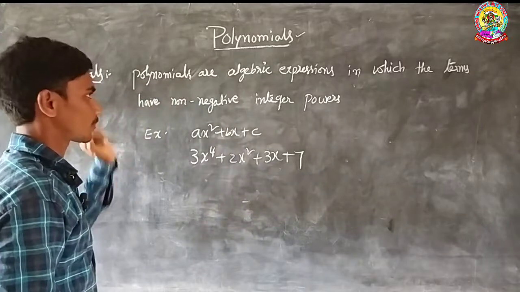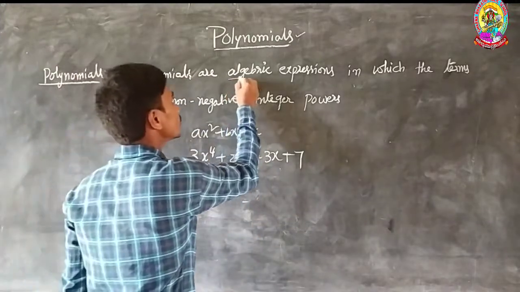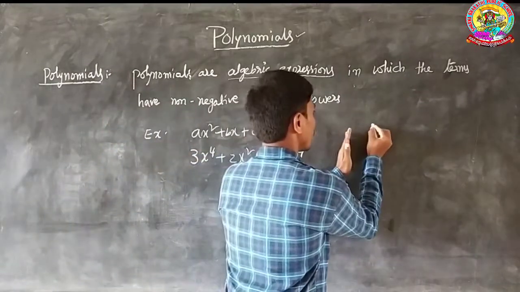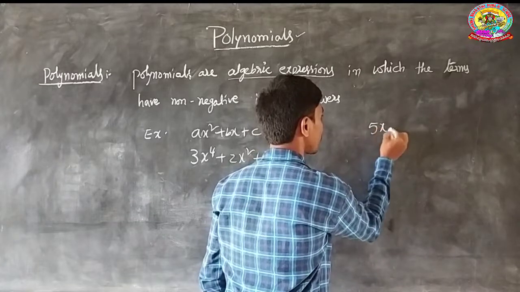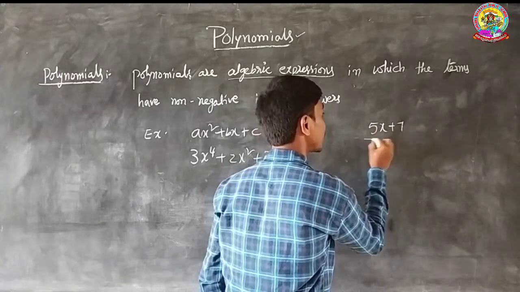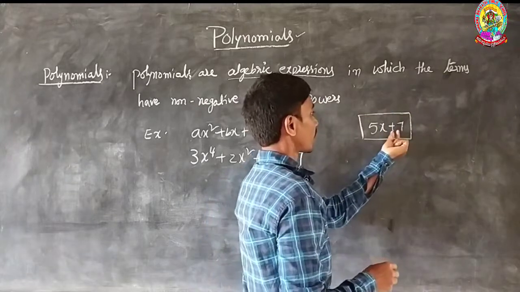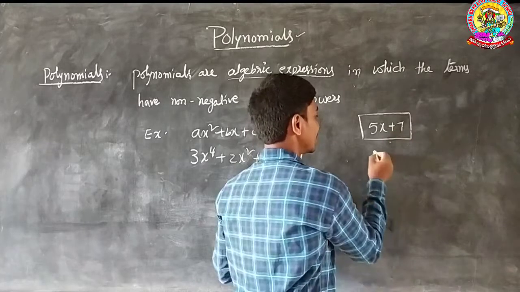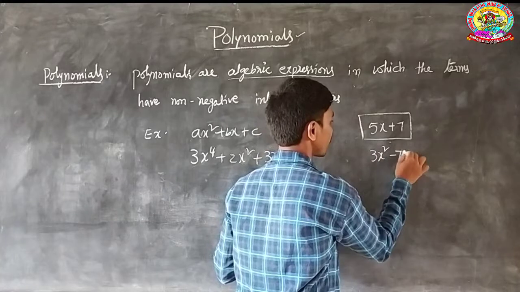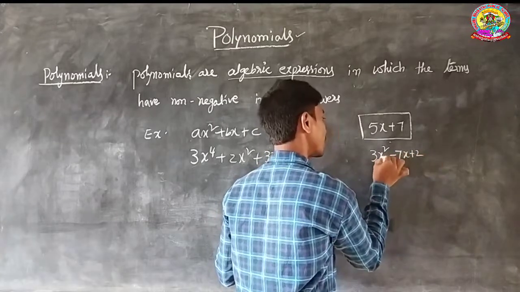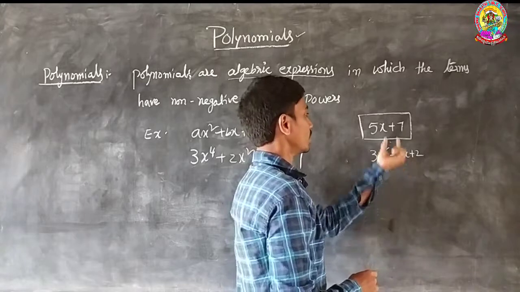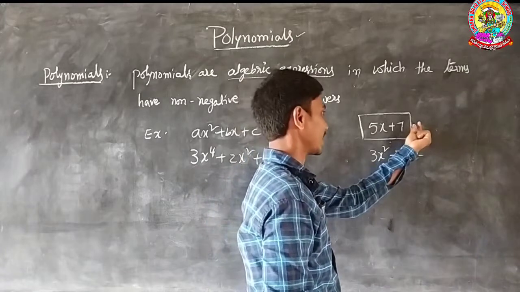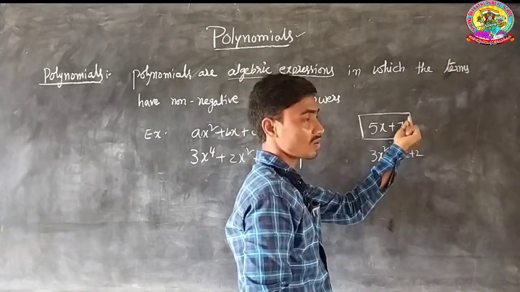Polynomials are algebraic expressions. Here I used the words algebraic expression. What is meant by an algebraic expression? Before I explain, 5x plus 7 is combined by the operation addition. 3x square minus 7x plus 2 is also an expression having three terms. 5x plus 7 is an expression because we cannot say whether it is greater than 0, less than 0 or equal to 0.